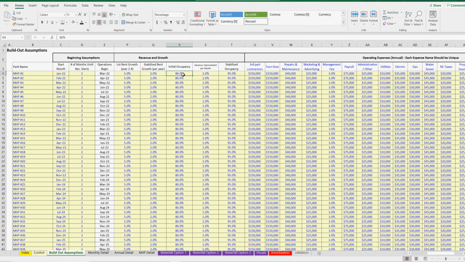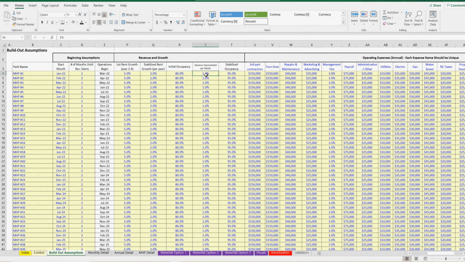Also for occupancy, you could define the occupancy for every single one individually. It's going to give the vacancy improvement per month. So this is just saying you start at 80, in month two you're at 81, and you can put this at whatever percent. You can put it really low or whatever. And then you also have a max stabilized occupancy, meaning it'll never get above whatever you put in here.